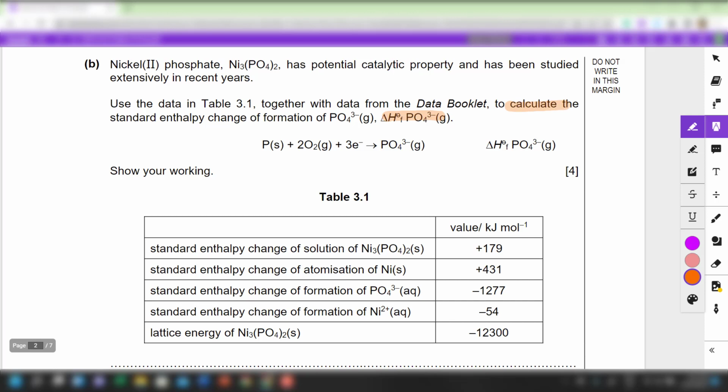To help you solve this question, the definition has been written out for you. So please make use of this definition. And remember that when you are drawing out your cycle, the charge must balance. Quite a number of you did not balance the charge, so that resulted in some credits being taken away from you.